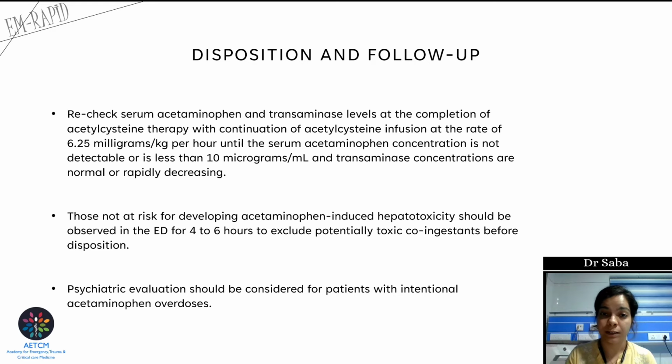If it is undetectable or less than 10 microgram per ml, and if transaminase levels are rapidly decreasing or have normalized, we can safely stop N-acetylcysteine therapy and we can discharge the patient.